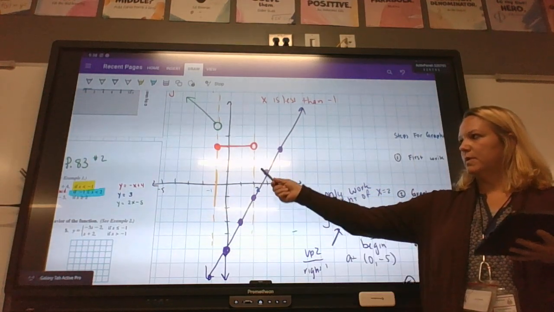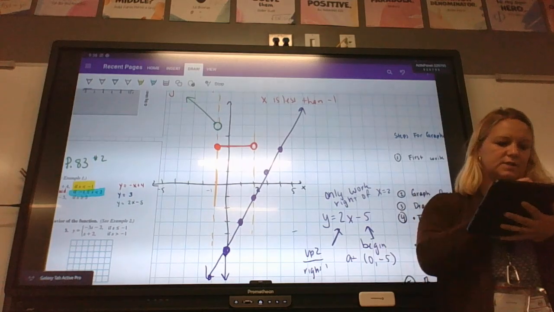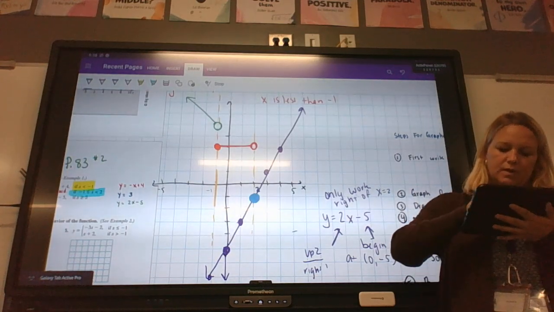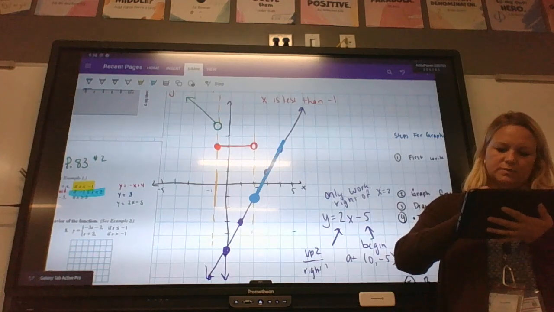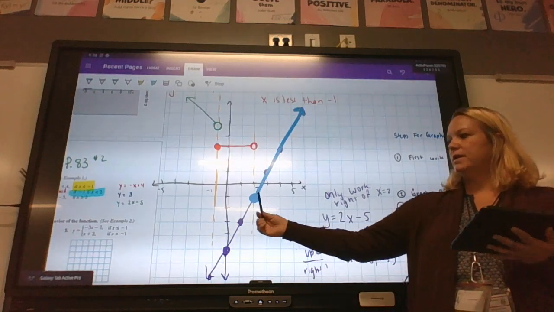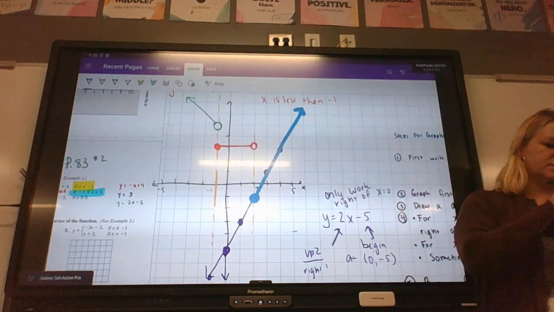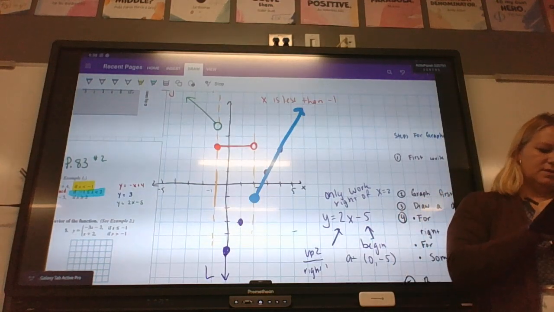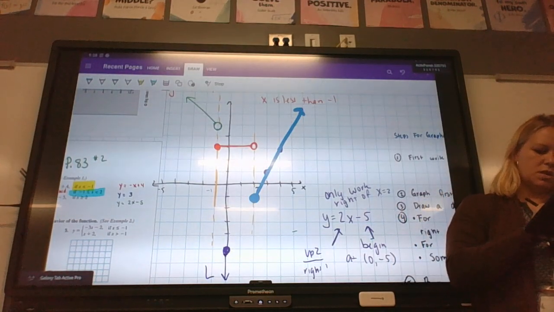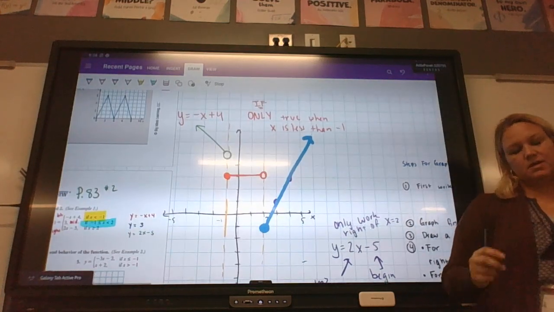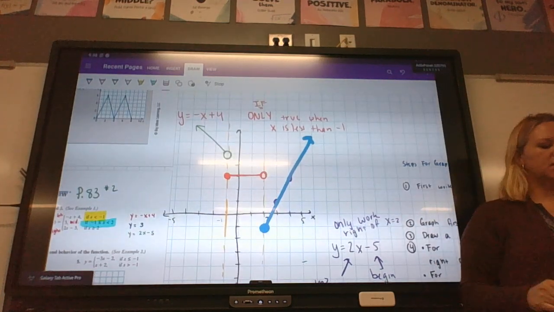So I'm going to look at where that purple line is that I just graphed. It's going to start there. And it will continue to the right of that, but I need to erase anything to the left of 2. And now we have all 3 pieces graphed.